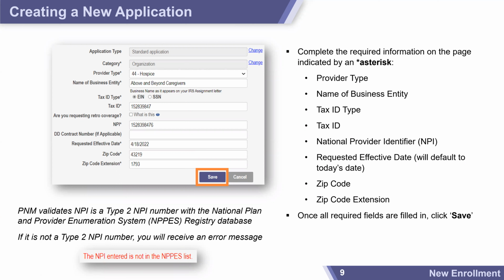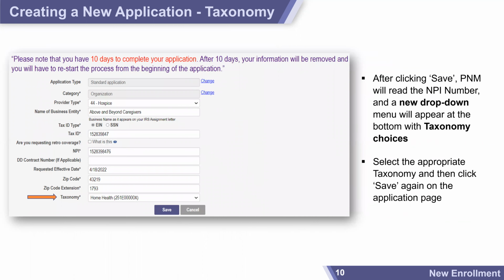Now, once you hit save, after all of that has been put into the system, and of course, provided that all of the information is accurate, you are going to get a new field that pops up for taxonomy. That field was not there before you hit save the first time. It shows up once you've hit save that first time.